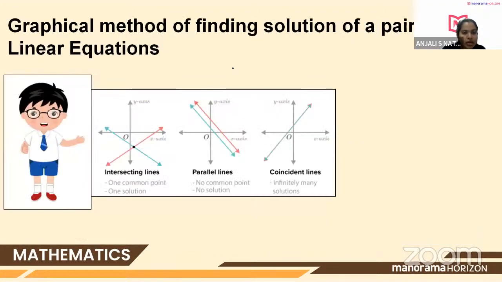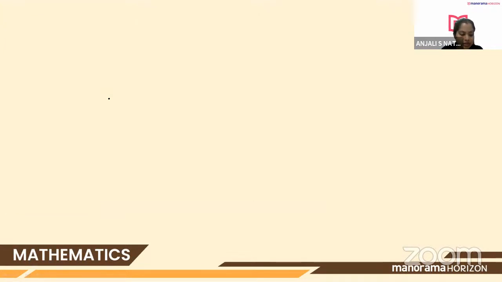So now we have to find the solution of the linear equations. We have two methods: one is the graphical method and the other is the algebraic method. How to find the solution graphically? We know that the general form is a1x plus b1y plus c1 is equal to 0, and a2x plus b2y plus c2 is equal to 0.